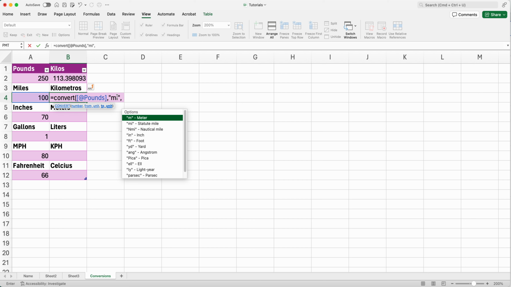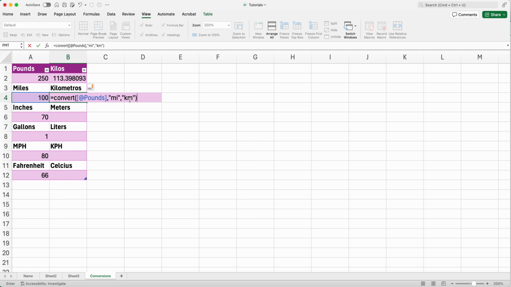And we're to unit kilometers, so comma, quotation mark, km for kilometers, quotation mark, parentheses, enter. There you go. 100 miles is 160.9344 kilometers.